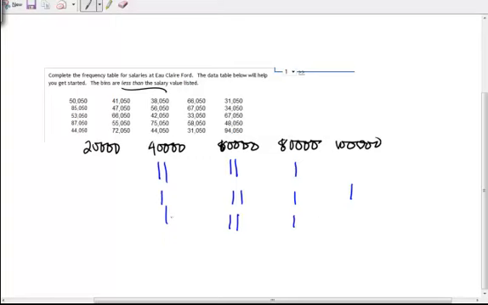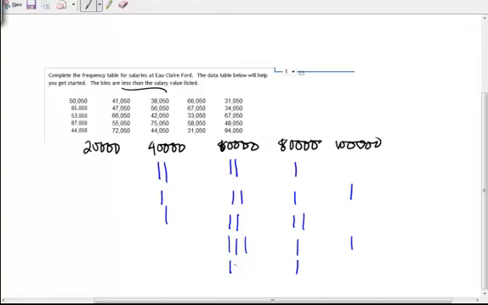Third row, fourth row, and the last, oops, one more, and the last row.